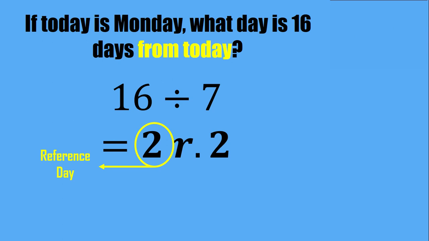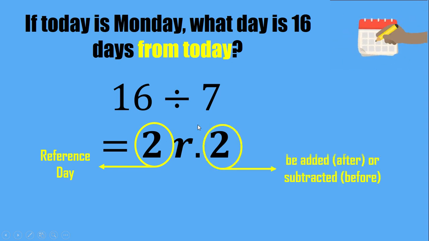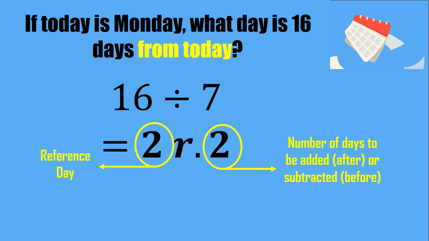The quotient will be the reference day, but actually it does not affect anything because we're just going to base it on our problem. Since Monday is the given reference day, we're going to use this. Then we have the remainder, which is the number of days to be added if we are looking for after, or subtracted if we are looking for before.